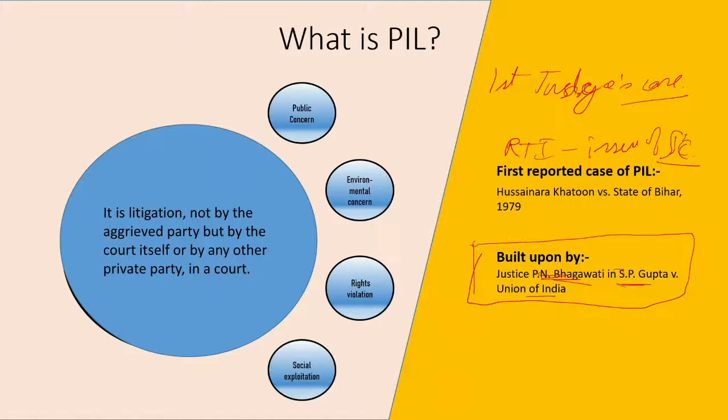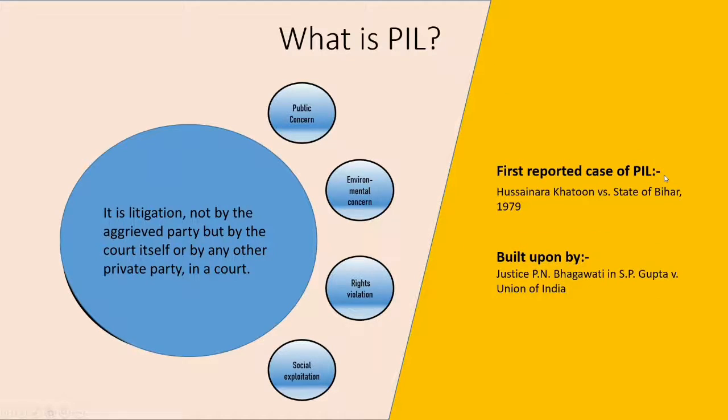If there's an issue of environmental concern which affects a large group of people, we can file a PIL. Third would be in matters of exploitation or matters of neglected children. So there are a variety of matters which can be brought in by PIL.